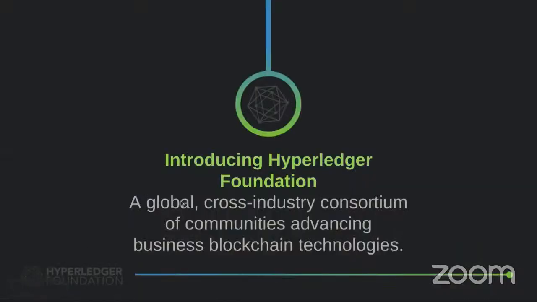Hyperledger Foundation. So now we are going to share what Hyperledger is doing for the ecosystem. I think Hyperledger was among the first organizations to bring the use of blockchain to private organizations.